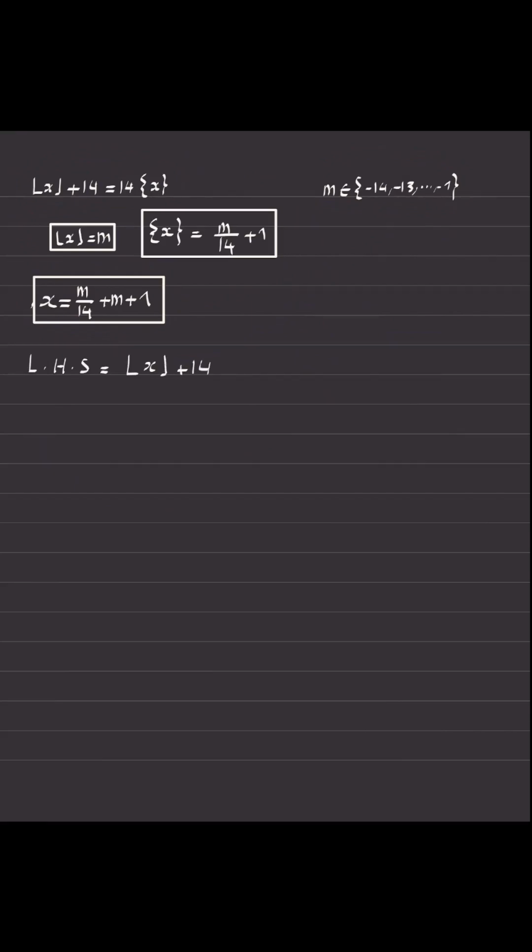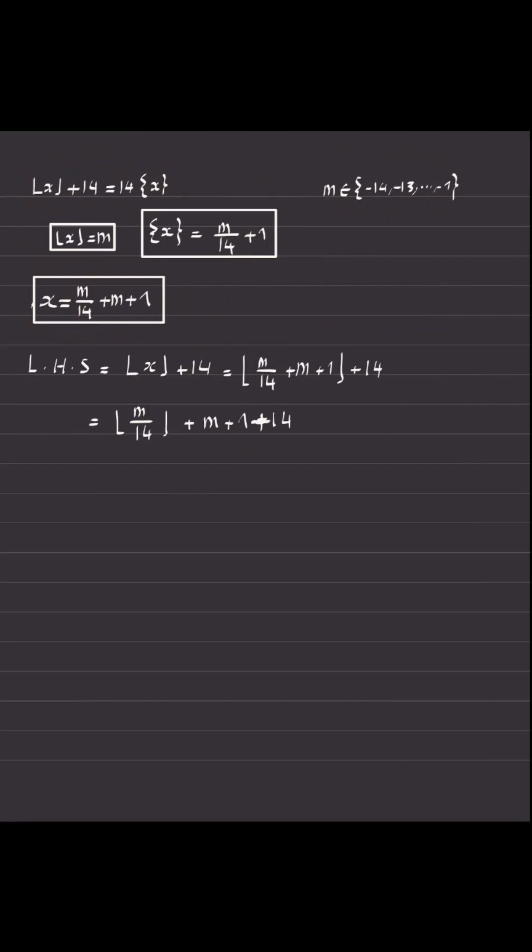Okay, but instead of x I put the expression I found, m over 14 plus 1, plus 14, yes, but m and 1 are integers, so according to the rule I can pull them out, so it becomes the floor of m over 14 plus m plus 1, and I have a 14 outside, plus 14.